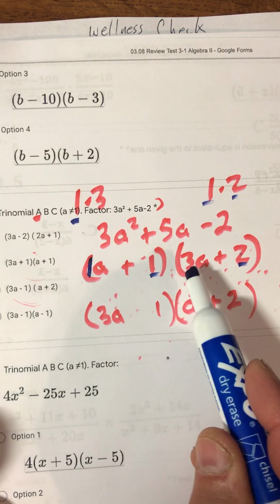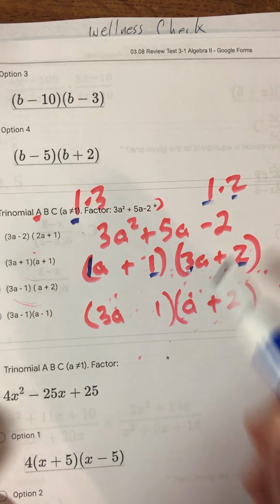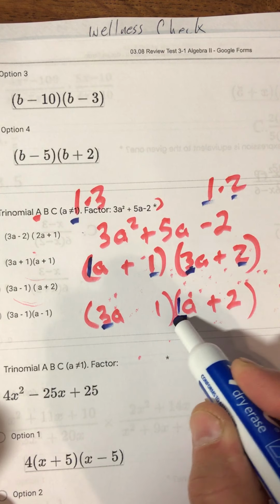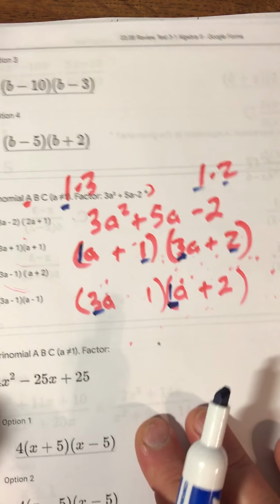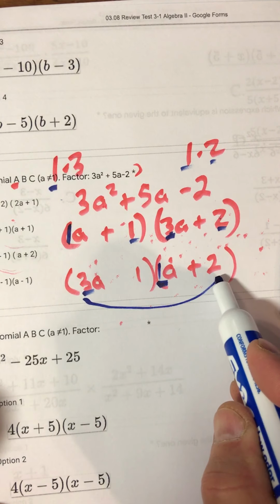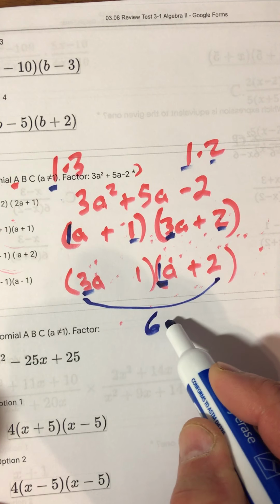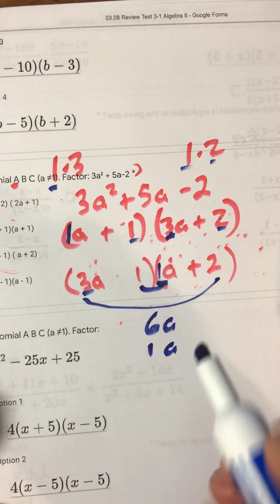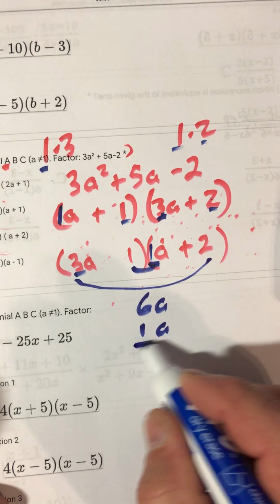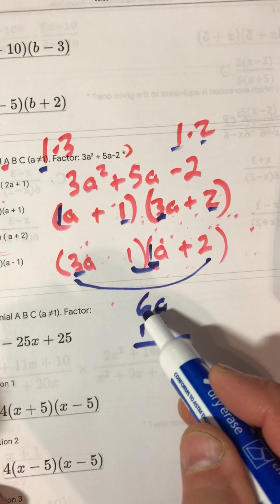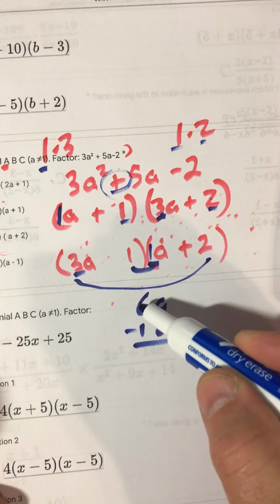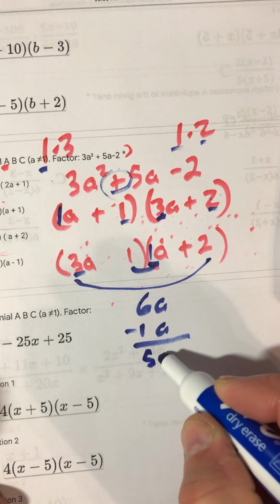Notice now, if you put the 3 out front here and the 1 here, look at what happens. You take the outer 2, that's a 6a, and you take the inner and multiply, you get a 1a. Here is when we need to subtract. We must get a positive, so 6 minus 1 is 5a.